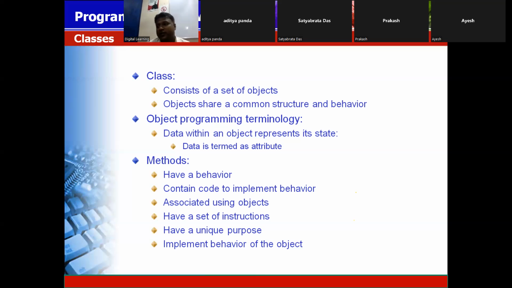Then comes the method. What is a method? The set of instructions which is used to do a specific task is called a method. It means when you open your mobile phone, you have a Bluetooth option, you have a Wi-Fi option.